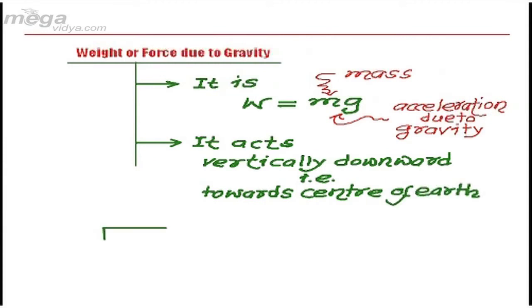If we talk about a block having mass m, then we can say mg of this body acts vertically downward.